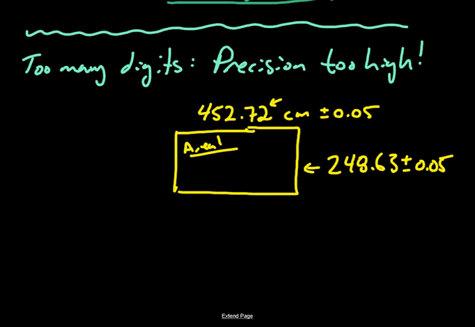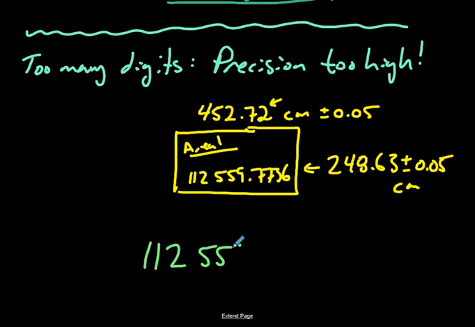So you punch that into your calculator. These represent centimeters, and you get a number that looks like this: 112,559.7736. In other words, my calculator will tell me that I know this to the nearest tenths, hundredths, thousandths, 10,000ths of a square centimeter.